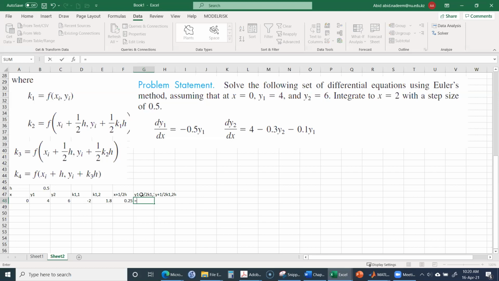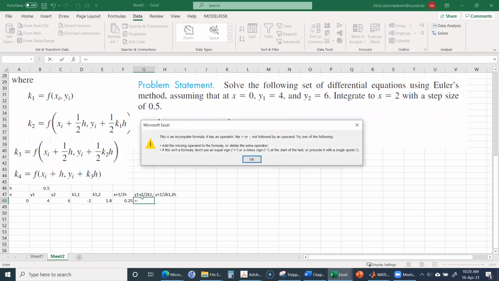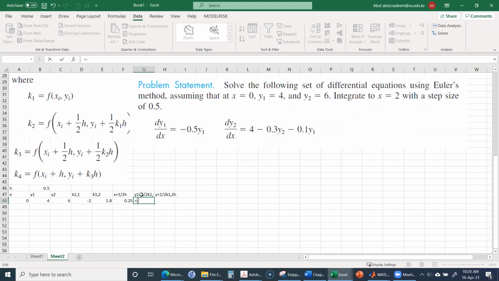And y1 will be equal to minus 0.5 minus 0.5 times, no. So y1 here. Okay, now we will calculate the value of y1. So y1 is equal to, sorry, this value we will calculate: y1 plus half k1 of h.